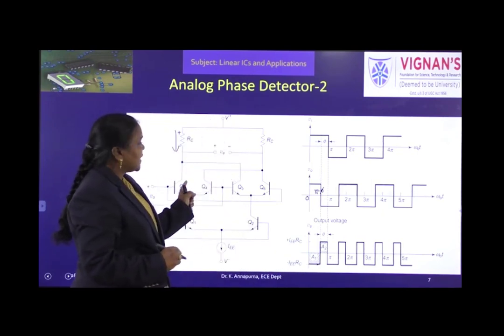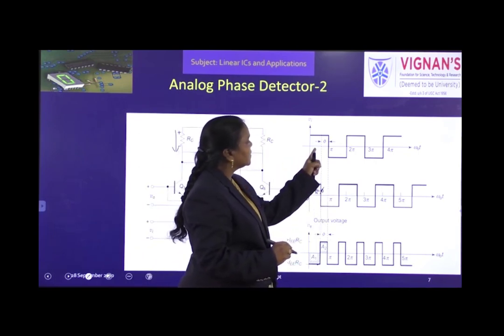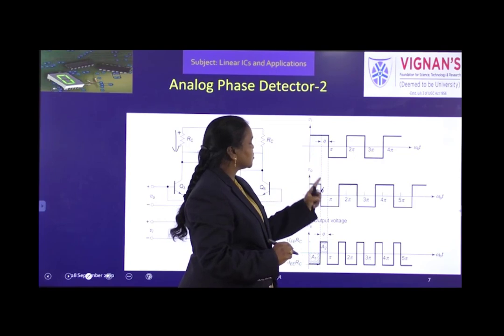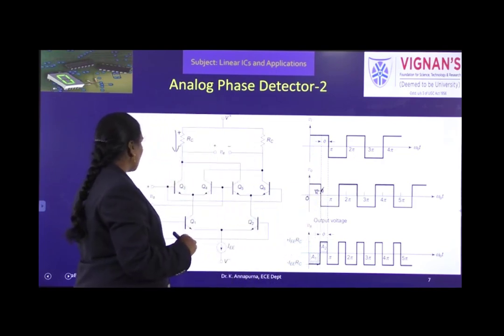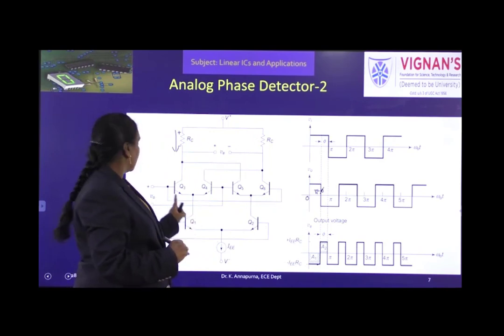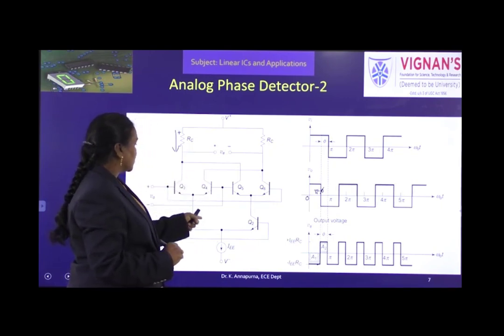Okay. Next, from pi minus phi to pi. Vi is positive but V0 is negative. Vi positive means again Q1 will be on, and V0 negative means Q4 will be on. So what happens?